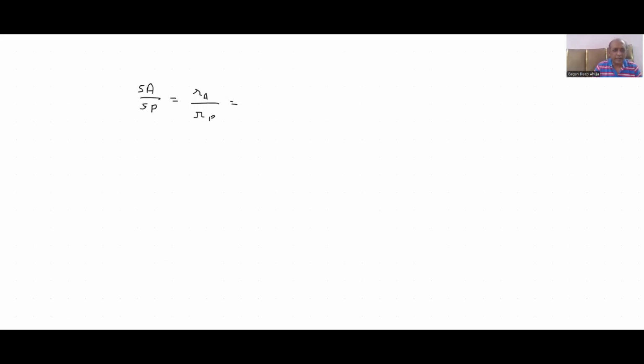RA divided by RP is A into 1 plus E divided by A into 1 minus E. So A gets cancelled in numerator and denominator. What we have now is 1 plus E divided by 1 minus E. So SA divided by SP is equal to 1 plus E divided by 1 minus E.